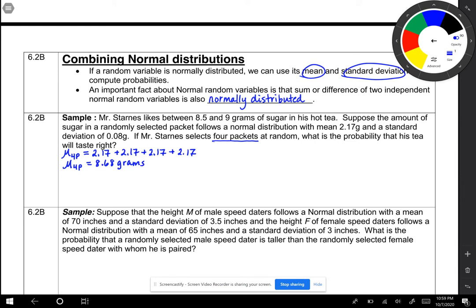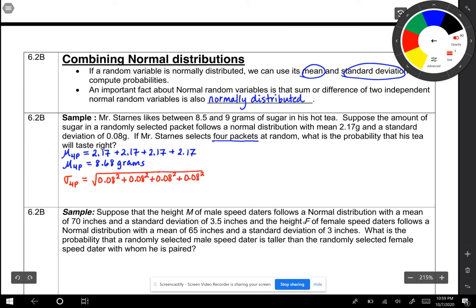And remember, we haven't even calculated a probability. We're leading up to it. So that's our mean. And now for our standard deviation, the standard deviation of 4 packets is equal to the square root of the standard deviation of the first packet, so 0.08 squared, second, third, fourth.